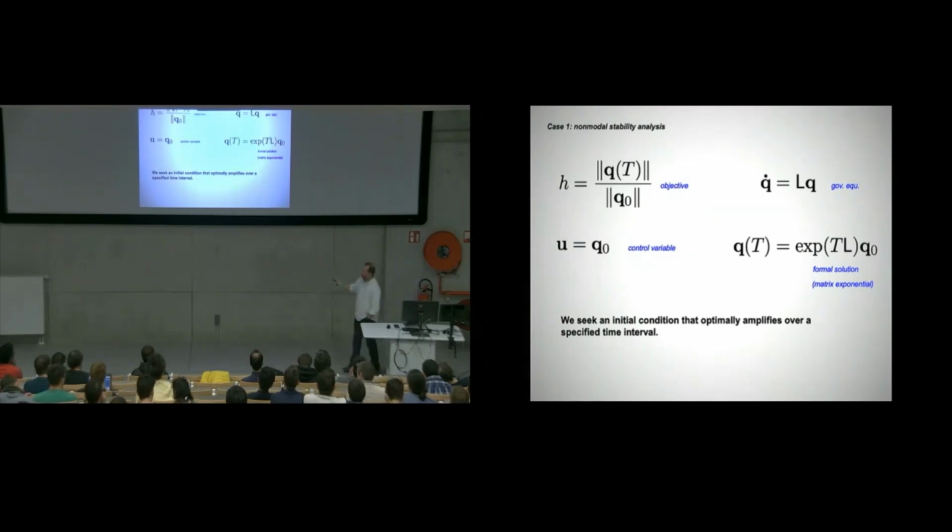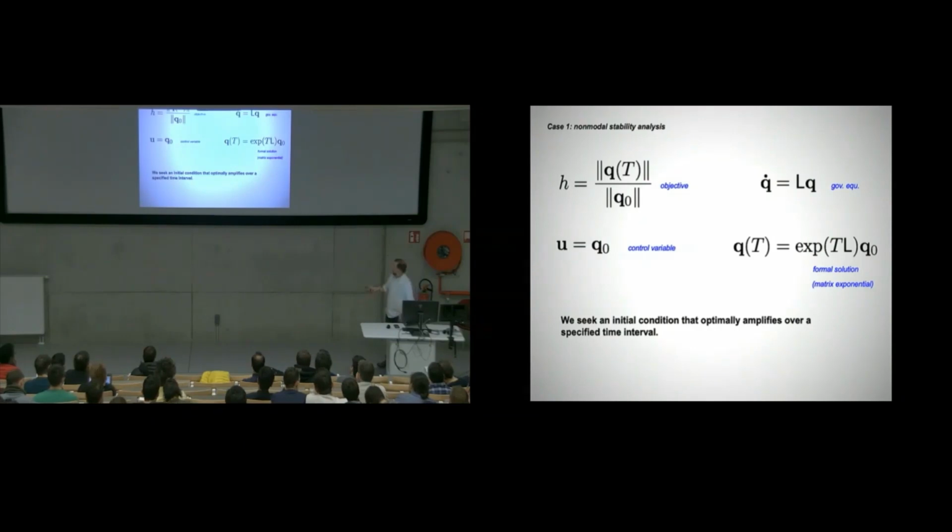But as I said, in most flows this doesn't make sense. The time scale is set by the flow, and we're going to have a characteristic time horizon t, and we want to know what is the perturbation over that time horizon that optimally grows and uses all it can use in the equations to grow.